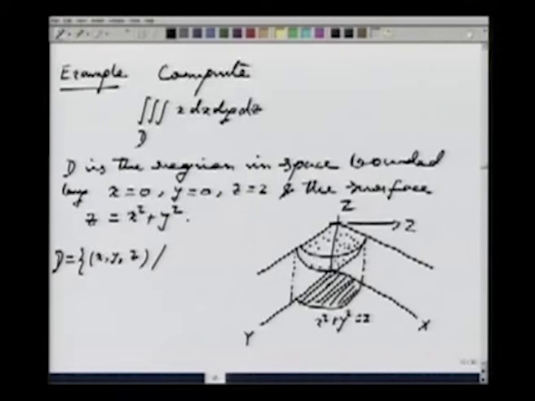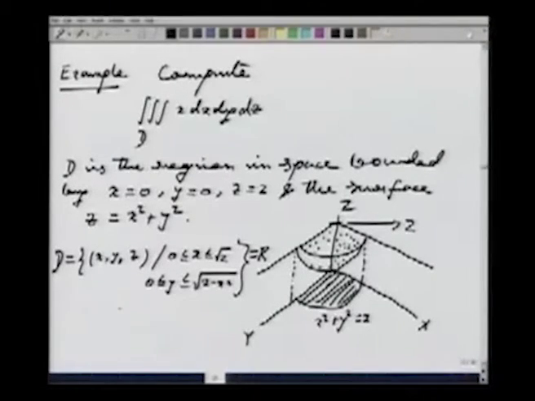I am in the first quadrant. So 0 less than or equal to x less than or equal to root 2. Based on that, I get my y, that is 0 less than or equal to y less than or equal to square root of 2 minus x square. This portion actually gives me R. That is the parametrization of the projection.